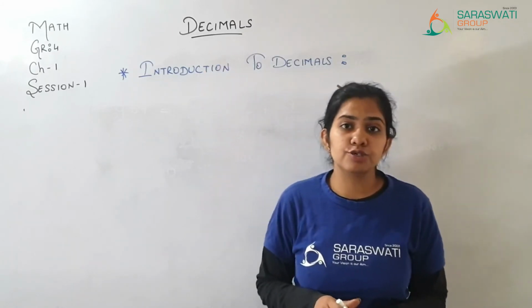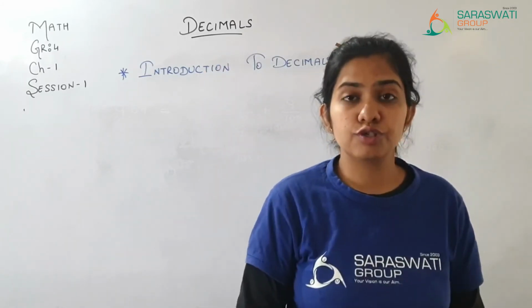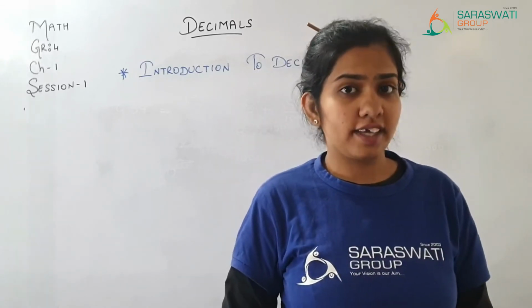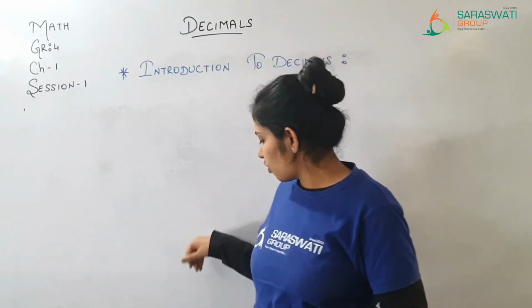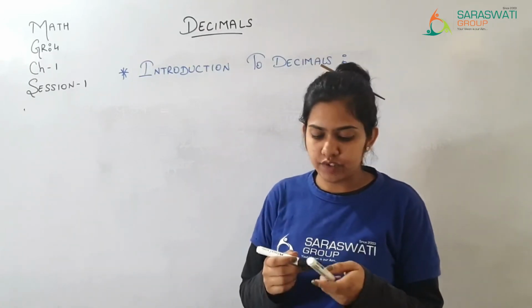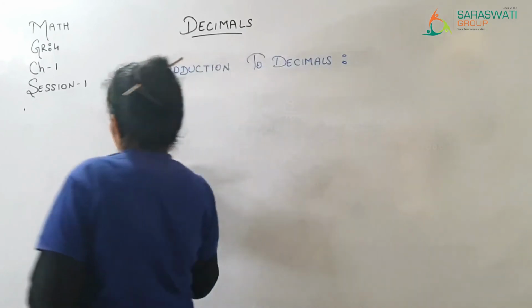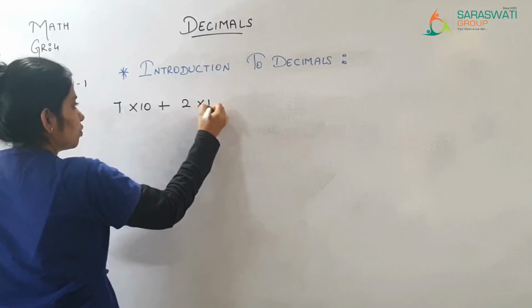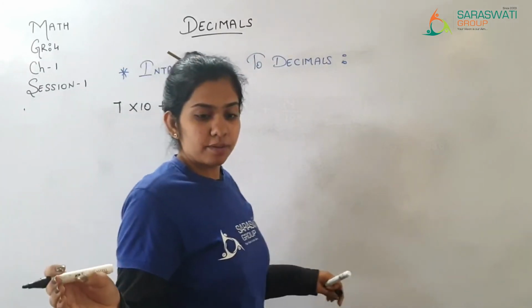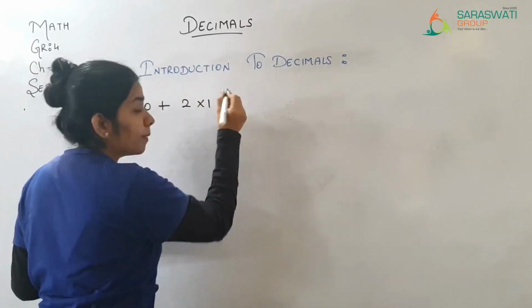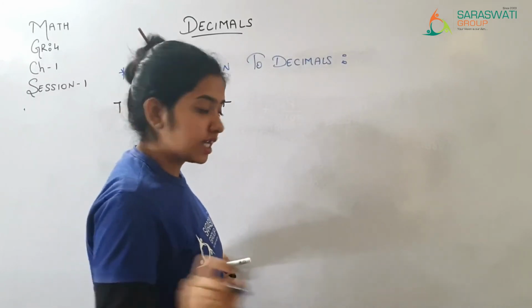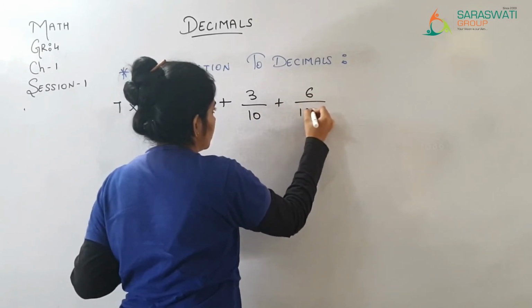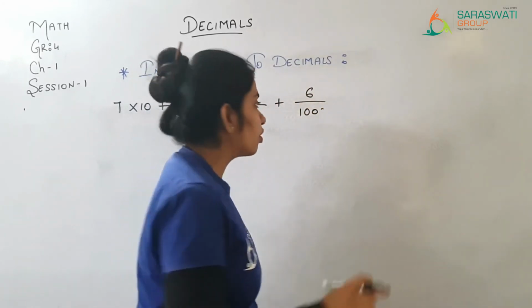So first of all you are supposed to multiply and then add. For example, if it is written as 7 into 10 plus 2 into 1 plus 3 by 10, 6 by 100 and 1 upon 1000.